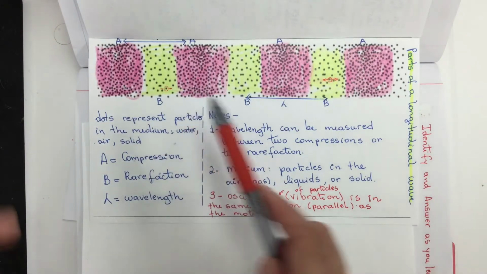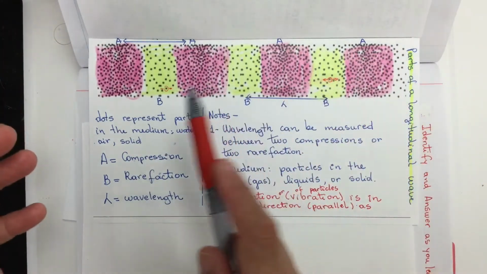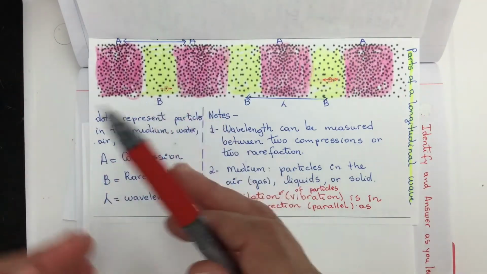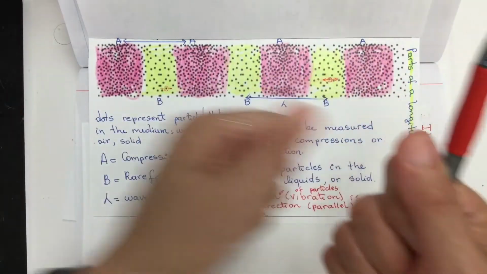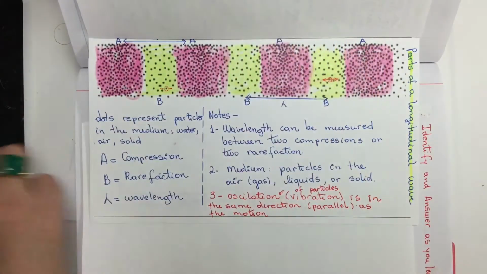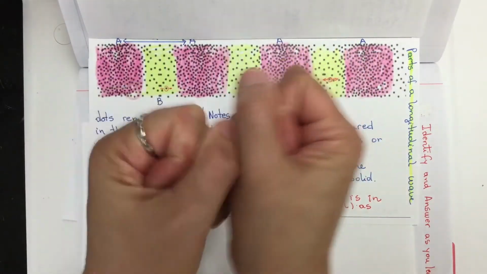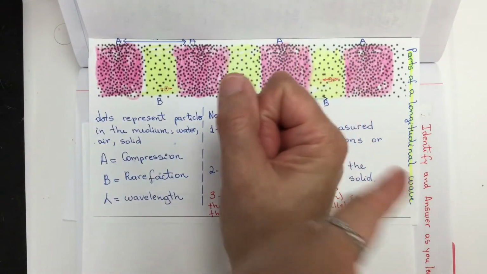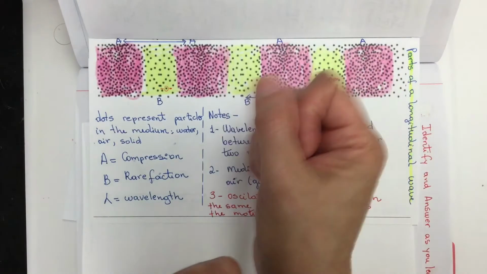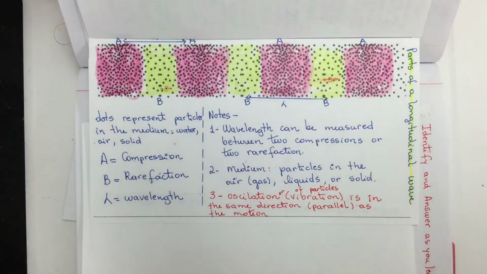Now, because of this vibration, the particles bump into each other and make the others move. This one is vibrating, this one is close by, so now this is vibrating, and the adjacent particle is going to have the same type of motion.